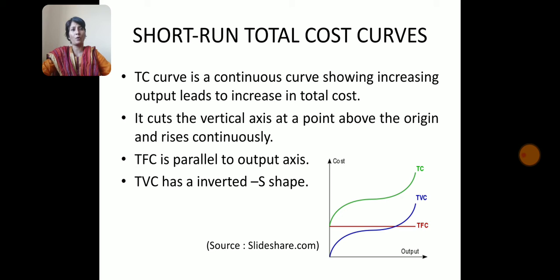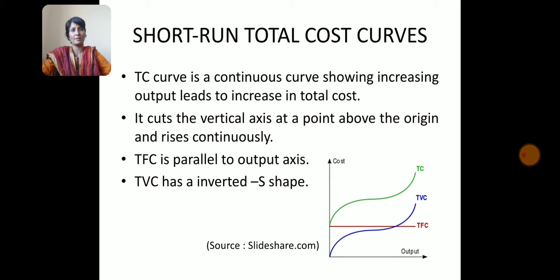But after a point, with the use of more variable factors in proportion to the fixed factors, they rise steeply because of law of variable proportions. Since the TFC curve is a horizontal straight line, the total cost curve follows the TVC curve at an equal vertical distance.